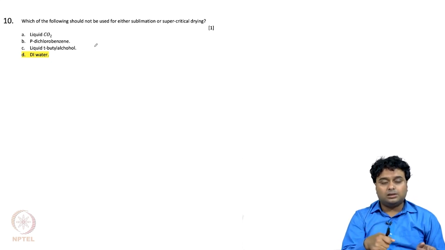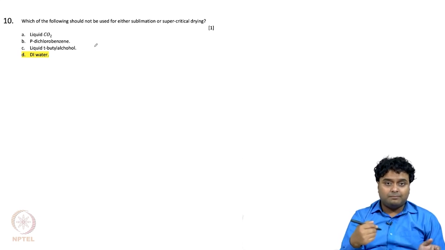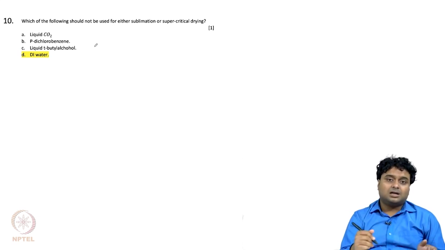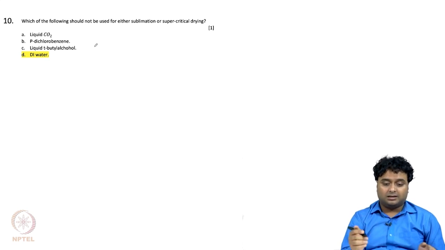Now while we take out the sample from the water, there is this possibility of stiction. So our whole aim is to remove DI water without making the beam stuck to the substrate. So that's why we use liquid CO2 or dichlorobenzene or butyl alcohol, and water actually helps in stiction. So it will not be helpful for sublimation or supercritical drying or anything, right?